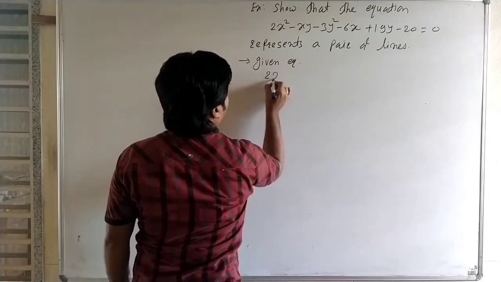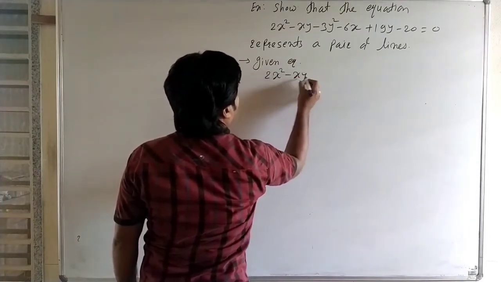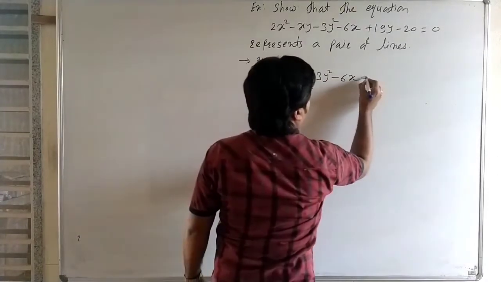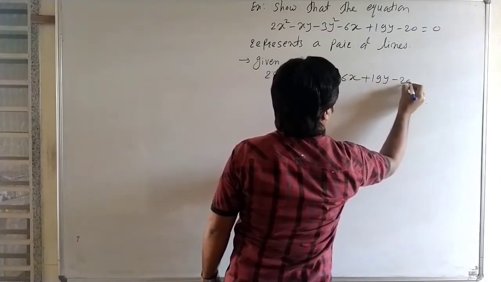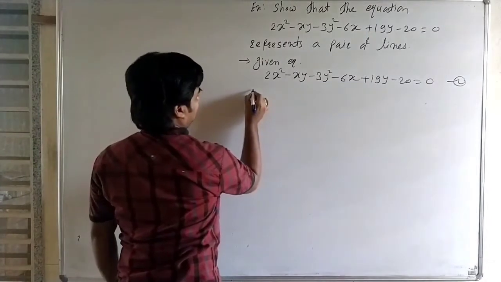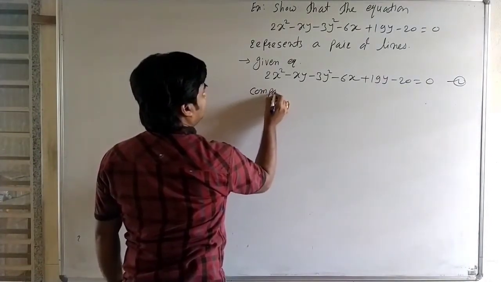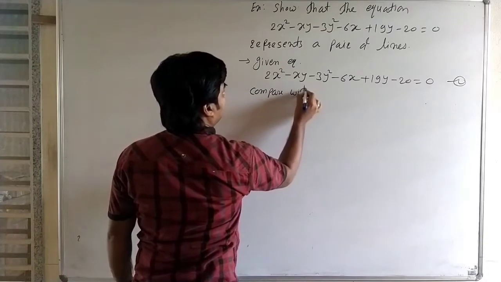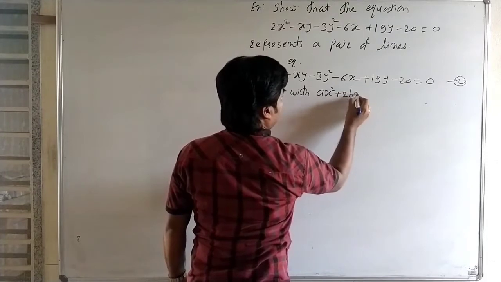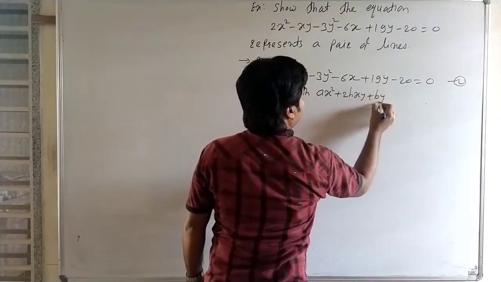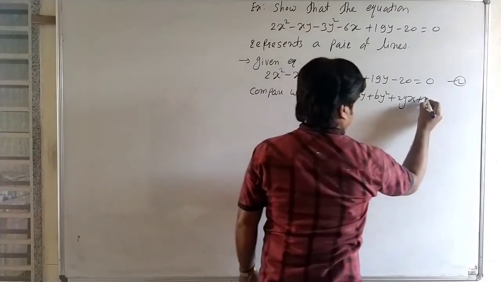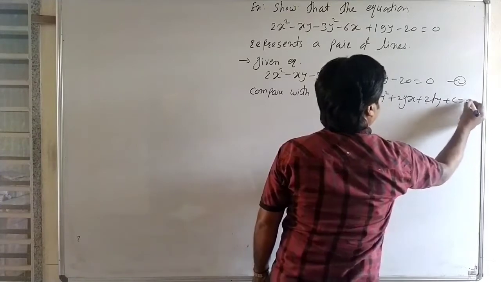Now first, the given equation is 2x square minus xy minus 3y square minus 6x plus 19y minus 20 is equal to 0. It is equation number 1. Compare with ax square plus 2hxy plus by square plus 2gx plus 2fy plus c is equal to 0.